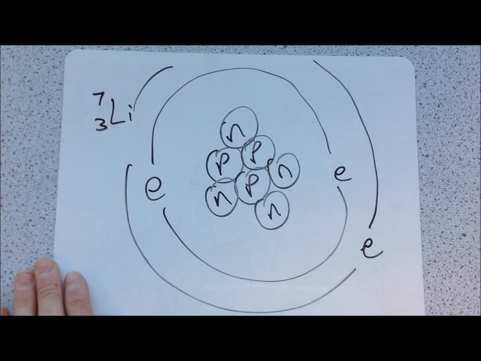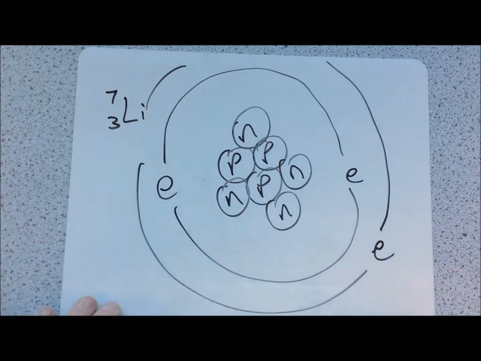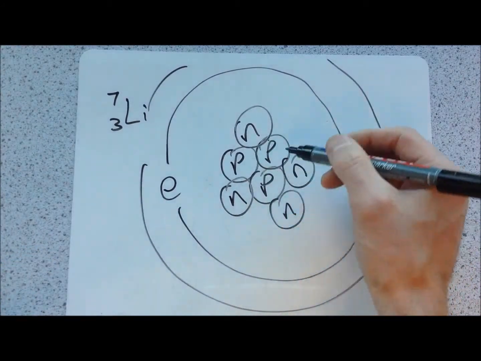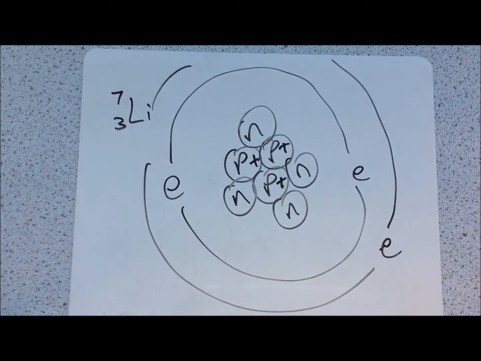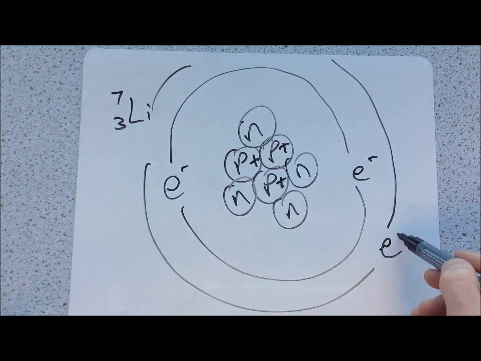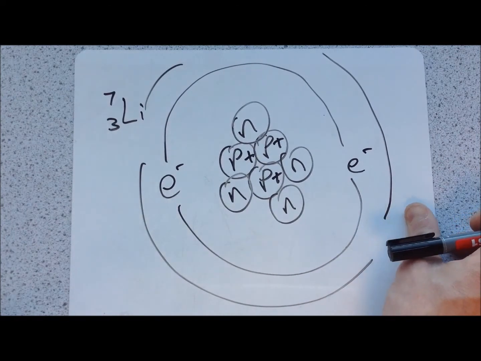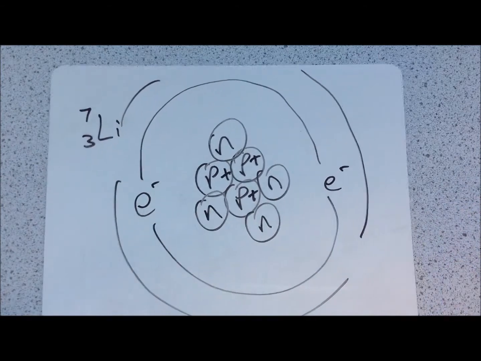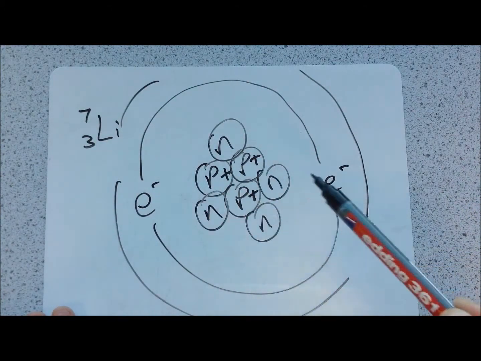Now we're talking about how things become positively charged. When you have static electricity, when 2 surfaces rub together, it's always the electrons that are lost. So if I go back to what I was saying before, we've got 3 positive charges here, 3 positives and 3 negatives. If I take a negative away, if I was able to scratch that electron off the atom, I'm left with 3 positive charges and only 2 negatives.